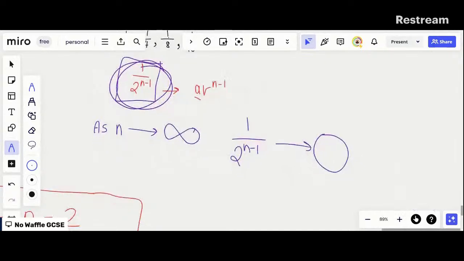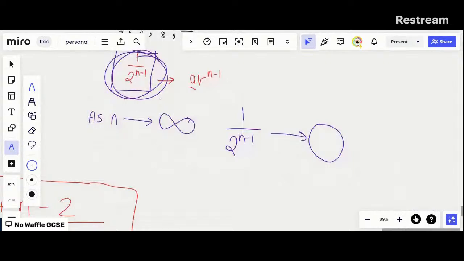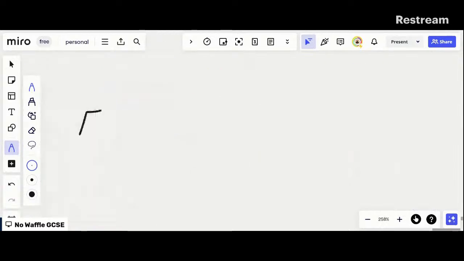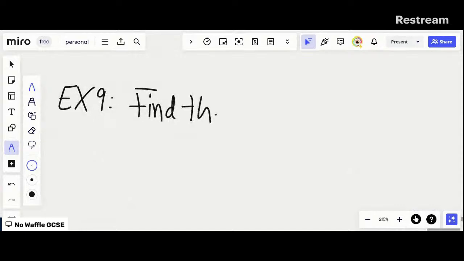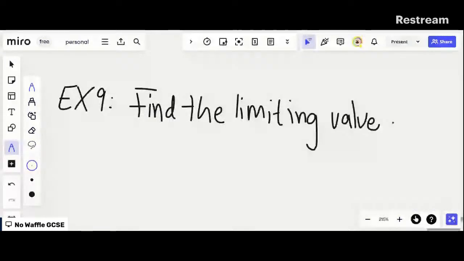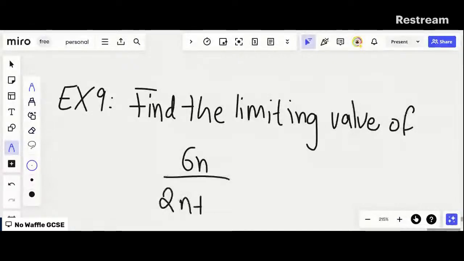So let's do an example to help explain this to you. Find the limiting value. That's what they often phrase it as in the exam. 6n over 2n plus 1. So what is the limiting value there?